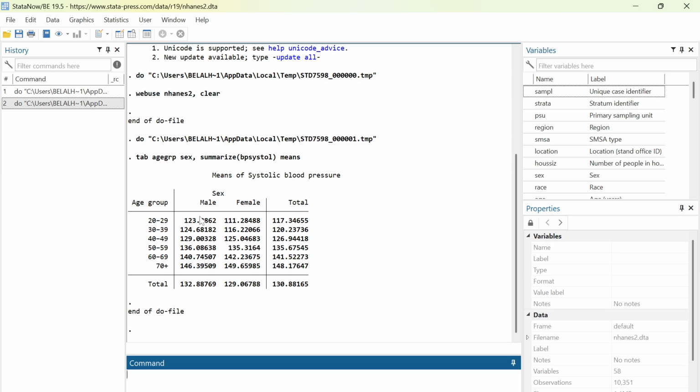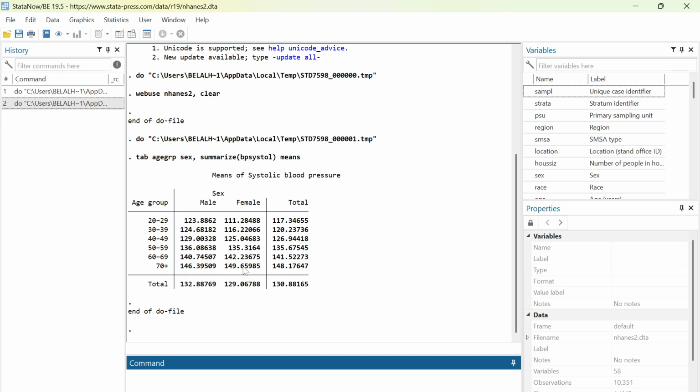For both males and females, as you go from younger age to older age, you can see increases in mean systolic blood pressure. Same for the female.